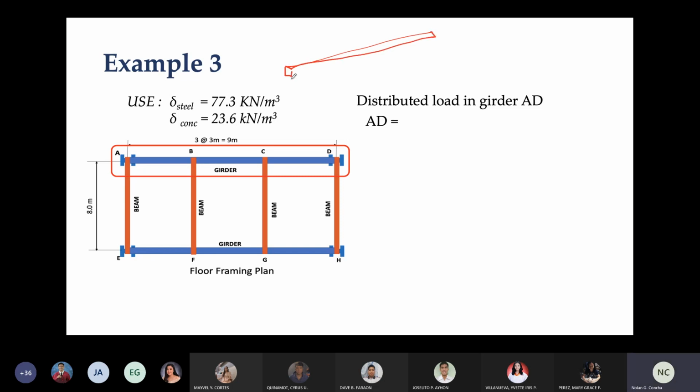Yan yung girder. Say, girder AD. Then, meron nakapatong dito na beam, di ba? May nakapatong na beam dyan, may nakapatong na beam dito, may nakapatong na beam. And then, bawat beam may load na uniformly distributed.